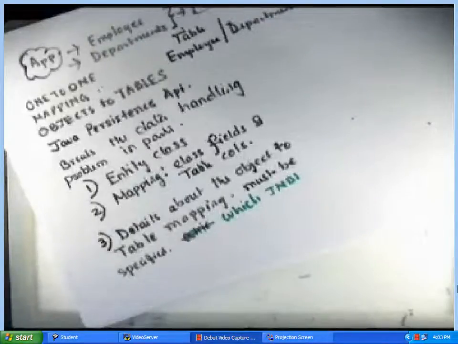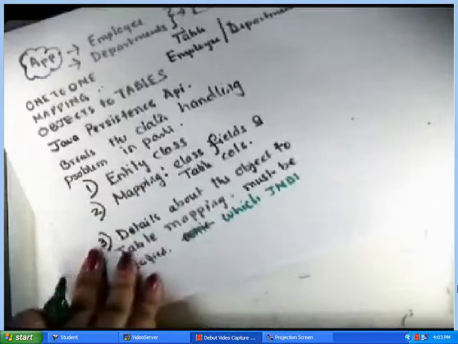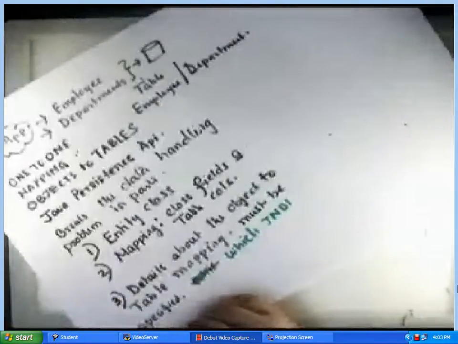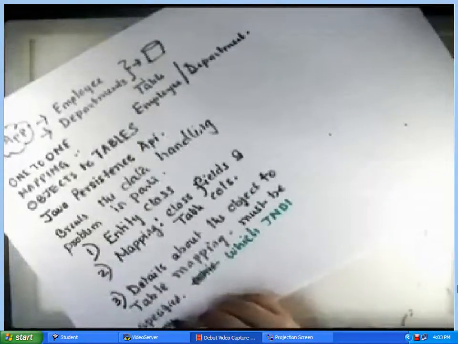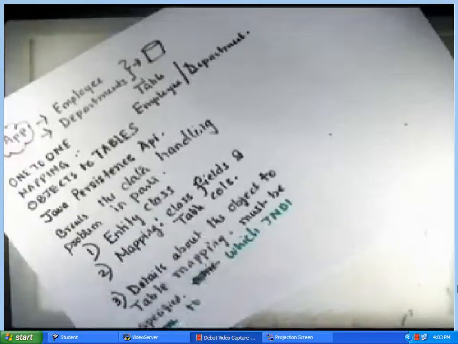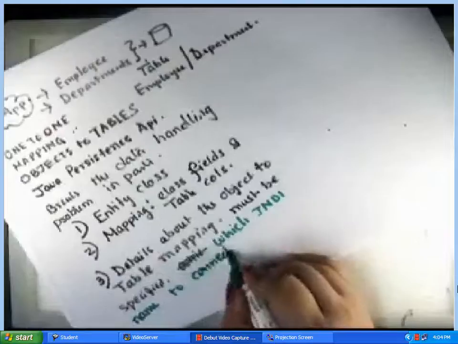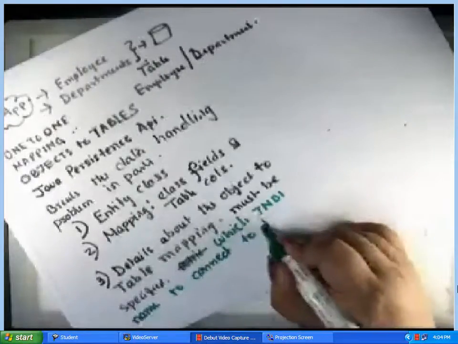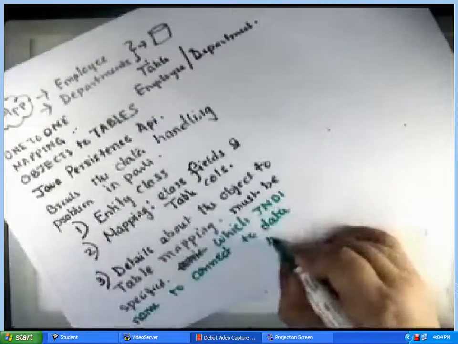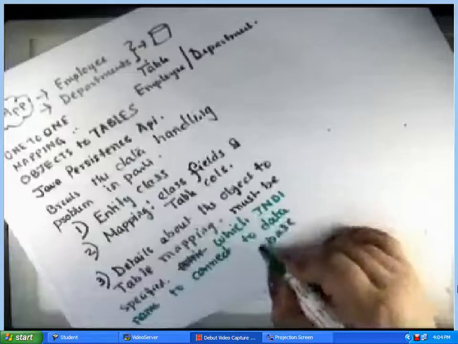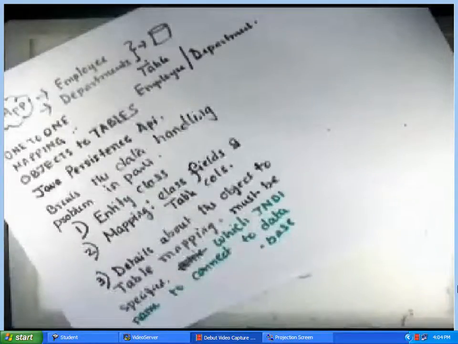Now details about the object to table mapping or one-to-one mapping will be specified. Now which JNDI name will be used to connect to the database. Okay, which JNDI name is going to be used to connect to the database, that is what we will see.